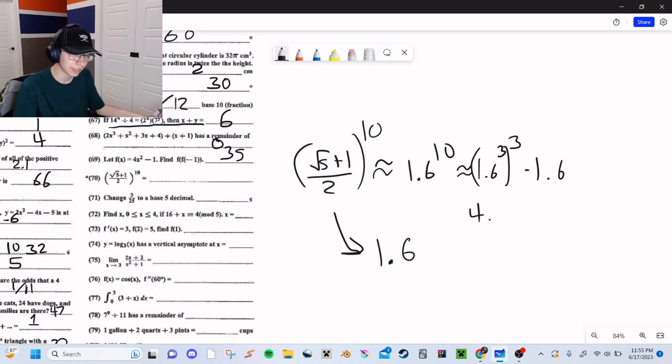It would be like about 41? No, 4.1. Because 16 cubed is this number right here. It's 4,096. So 1.6 cubed would be 4.096, which is about 4.1.